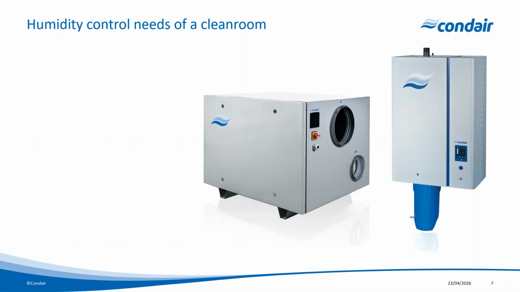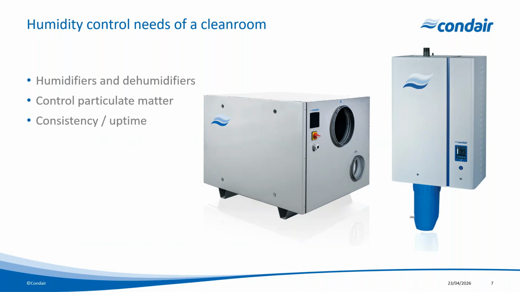So building in a bit of flexibility in the design and the controllability of the equipment is essential to meet that degree of flexibility and kind of future-proof the clean room. So we need to look at humidifiers, dehumidifiers, control particulate matter, have consistency with uptime, and have accuracy of humidity control and that degree of flexibility over time.